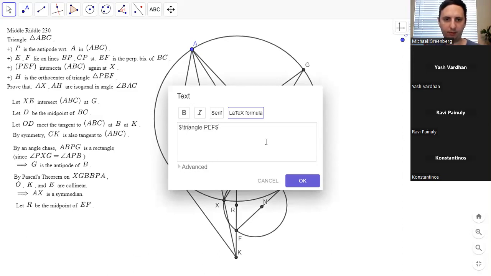We'll say a spiral similarity about X with rotation 90 takes triangle PEF to triangle ABC.